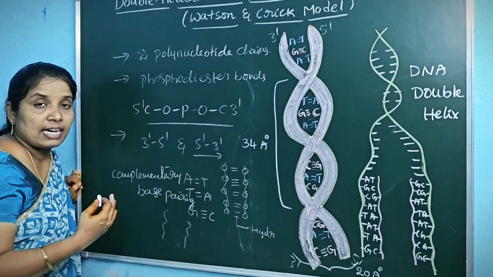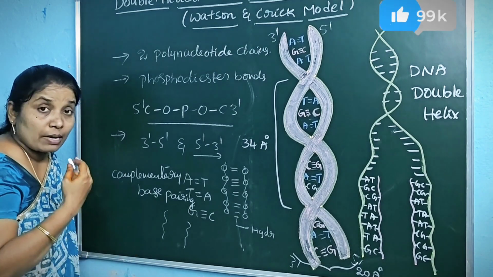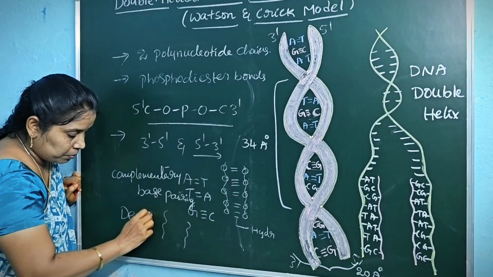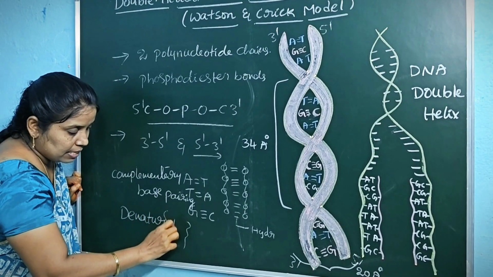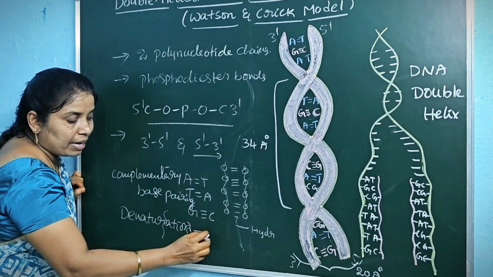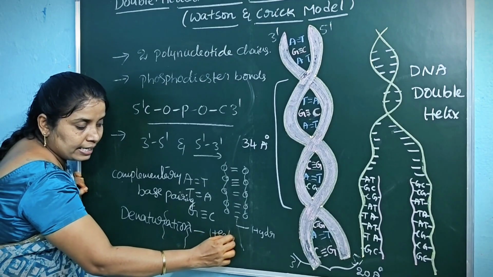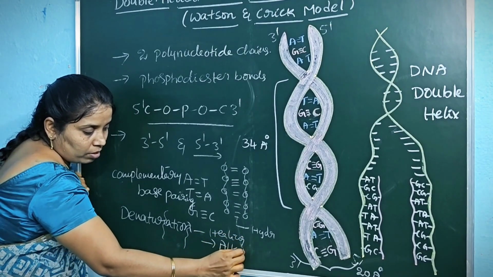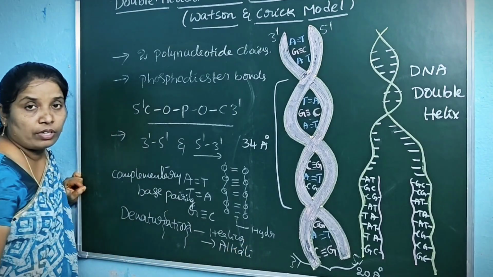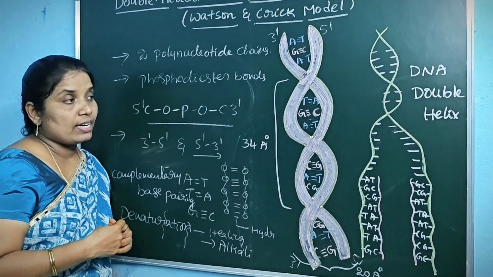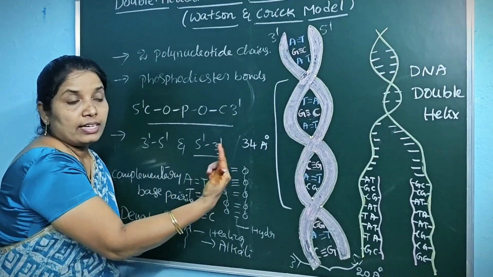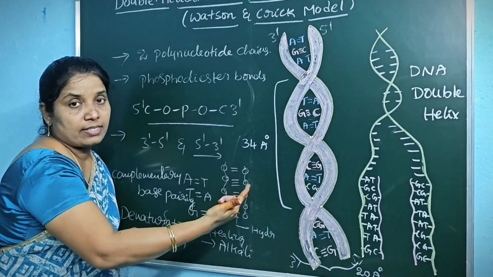Then the two strands get separated. So this separation is called denaturation. The separation of DNA by heating or alkali treatment is called denaturation.